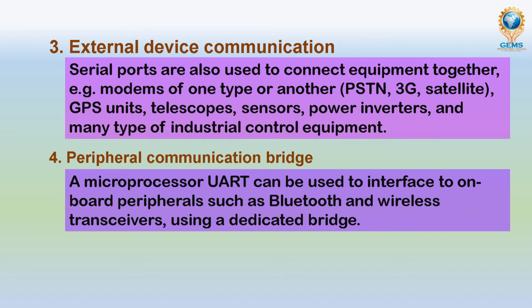Meaning two devices, a board and a Bluetooth device, are both different types of components, peripherals. We have to connect both, so we need a bridge between them. For that bridge, we connect through a serial port only. That helps to connect two different types of peripherals, boards, to be used as the same component.